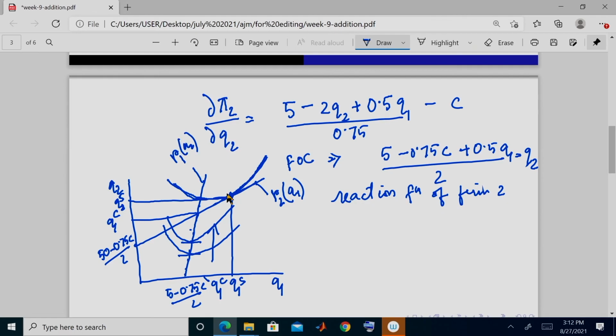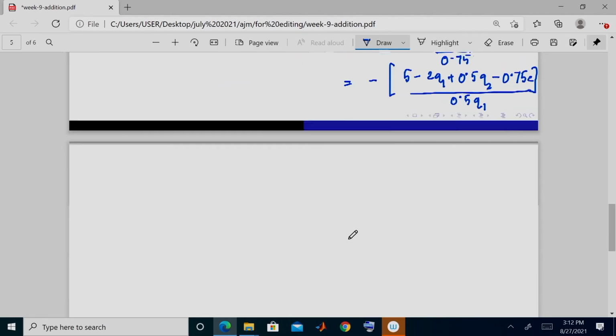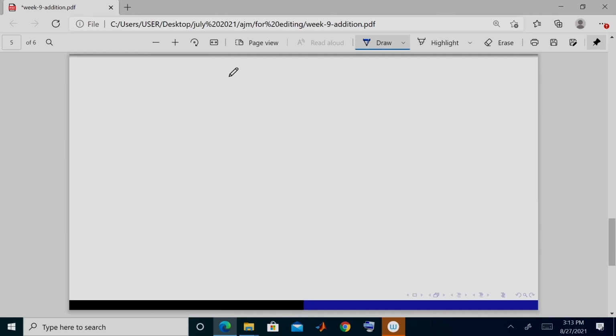So, this is the Stackelberg. Now, we have to find out whether firm 2 is going to choose along with firm 1 in stage 1 or after firm 1 has chosen its output, that is in stage 2. So, we again find the isoprofit curve of firm 2.